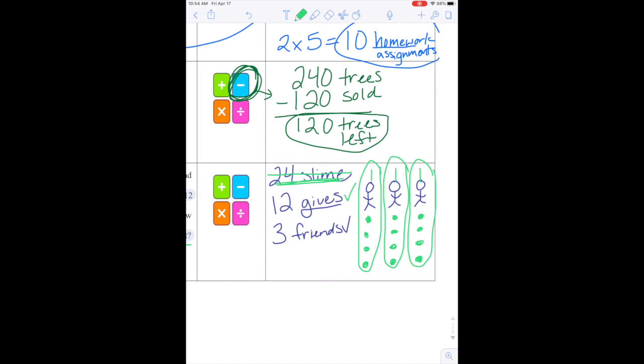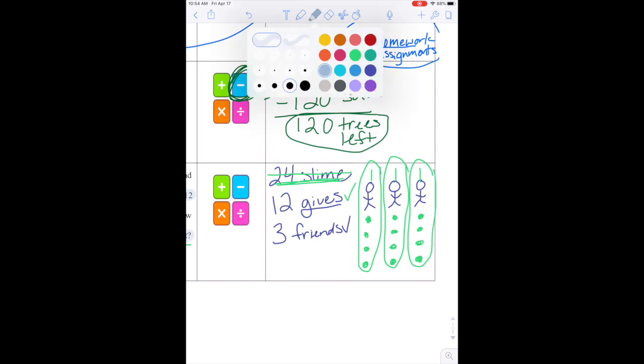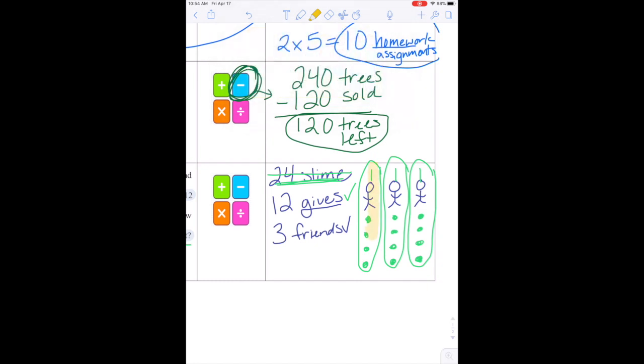We want to know how much each friend will get. So we just really want to know, like, how much will one of these friends get? So I'm wondering, what operation is it that we did? If we split evenly among the friends, we did division. So that was 12 divided by 3, and our answer we came up with was 4.